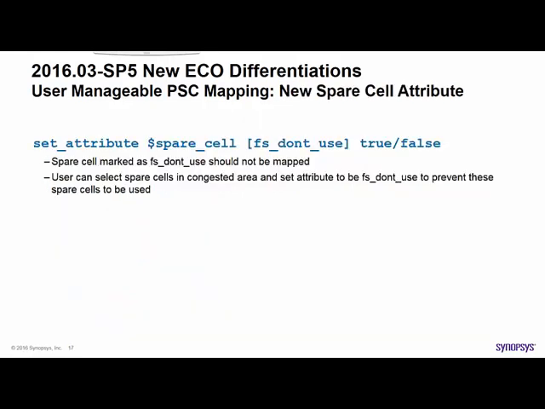A new cell attribute called FS_dont_use: spare cells marked as FS_dont_use will not be mapped. Thus, the user can select spare cells in a congested area and prevent those spare cells from being used.